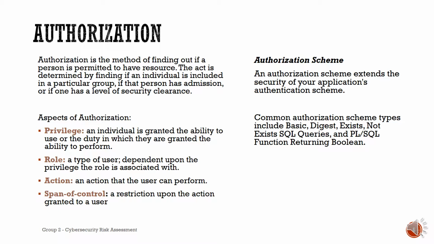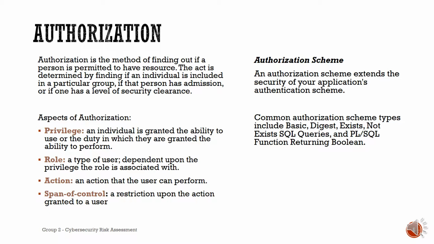The main aspects of authorization are privilege, typically the application for which an individual is granted the ability to use or the duty which they are granted the ability to perform. The role, typically a type of user such as a staff, principal investigator, administrator, or other more specific roles such as payroll coordinator. This is often dependent upon the privilege that role is associated with.